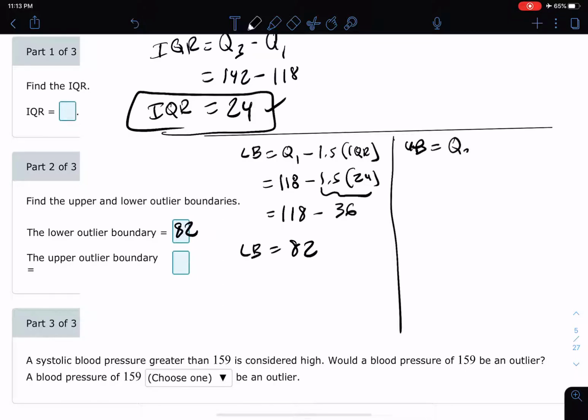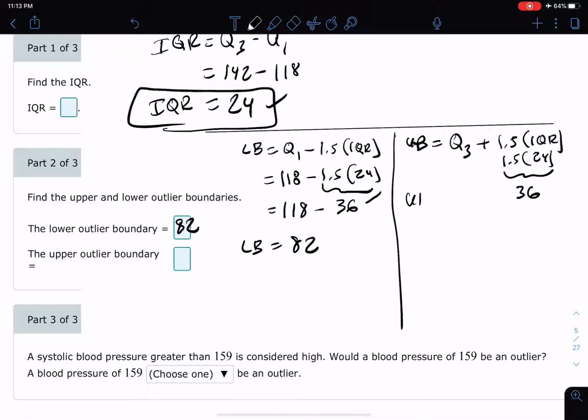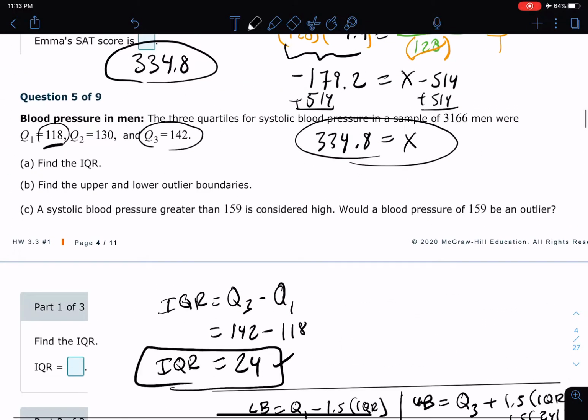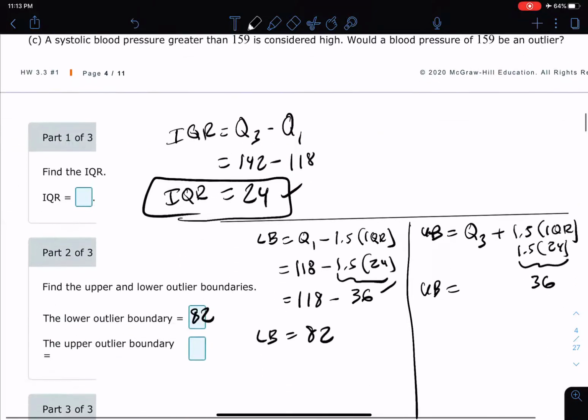And so Q3 plus 1.5 times the IQR is going to do it. Well, we know from the last problem, the IQR was 24. So 1.5 times 24, we know from the last problem is 36. So we don't really have to do that again. But our upper outlier bound, what's Q3? Q3 is right here at 142.